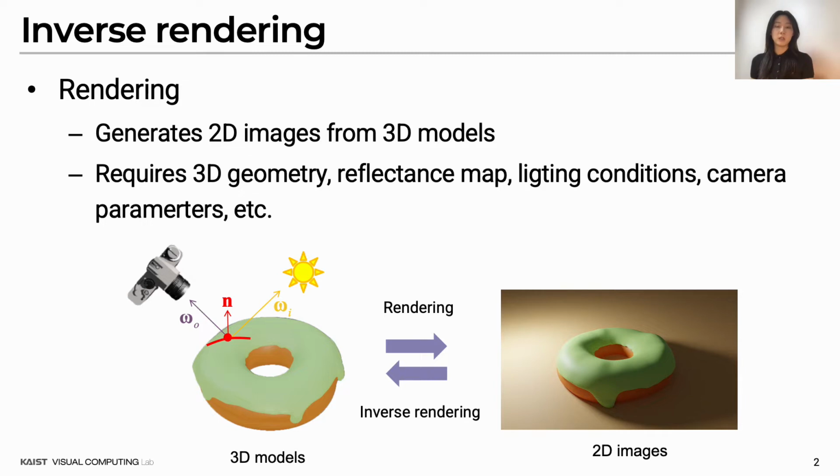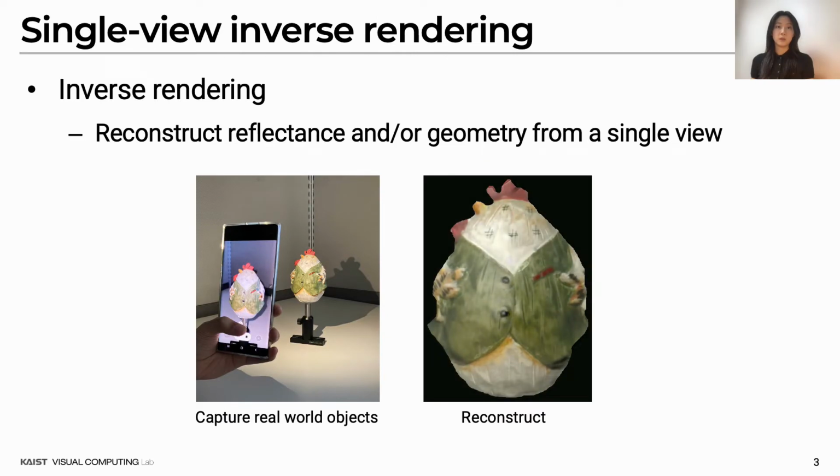Appearance acquisition is needed in this step to contain reflectance information. Through inverse rendering, we can reconstruct objects in the real world, and we can play with the objects with realistic appearance.